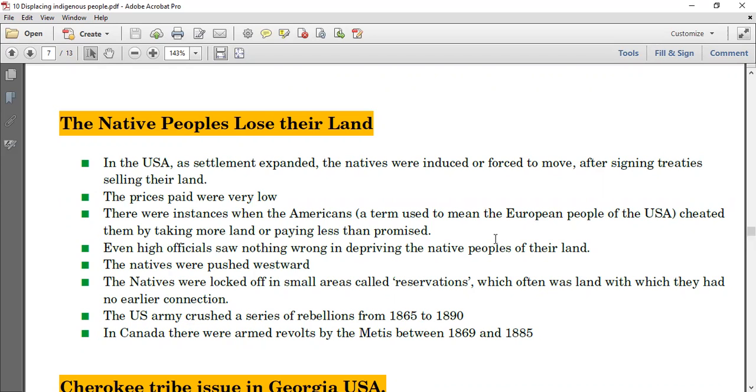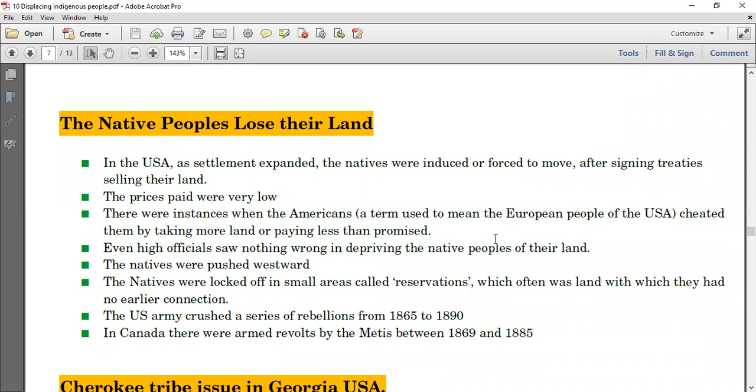Now, the problem was that even the high officials found nothing wrong in depriving the native people of their land. The natives were pushed westward and locked off in small areas called reservations, which often were land with which they had no earlier connection.